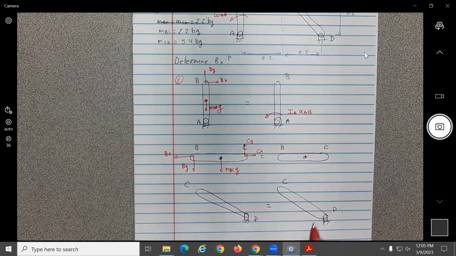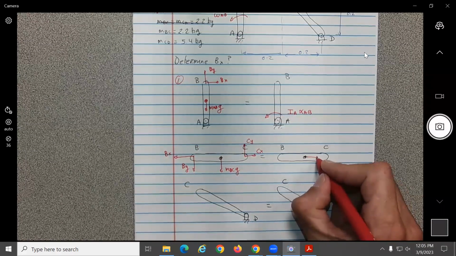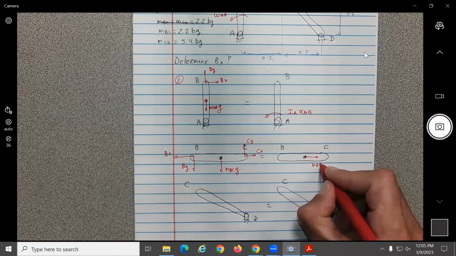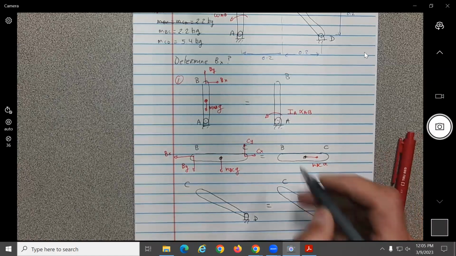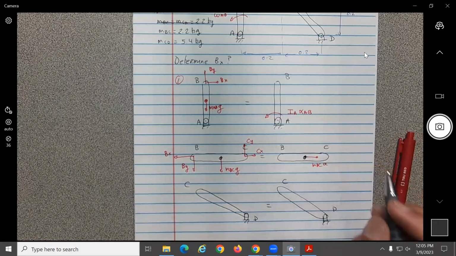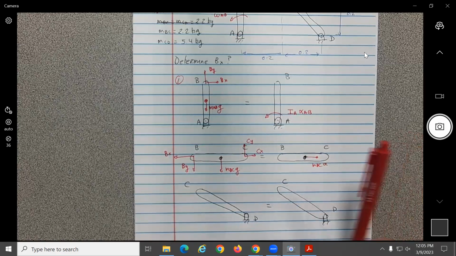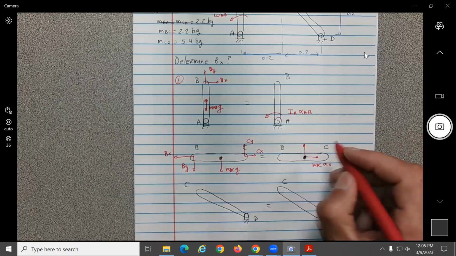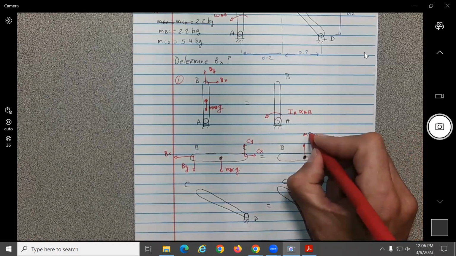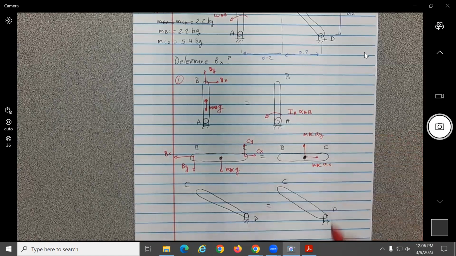And then what type of motion would this have? MBC, how do you want to call this point here? I don't think we're going to need it if we take the moments from the other one. So you just say AX and MBC AY.